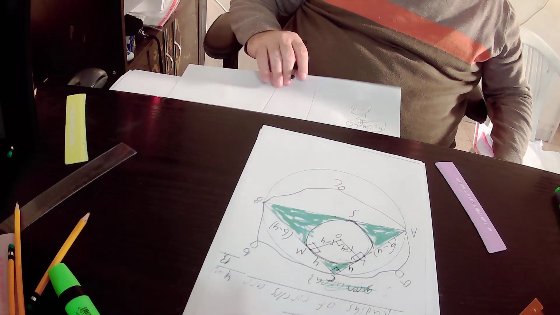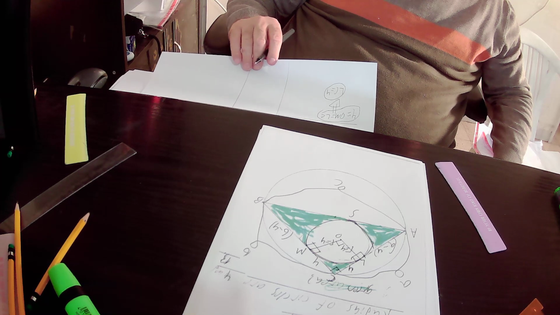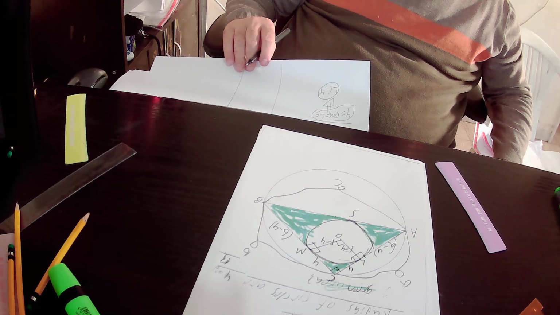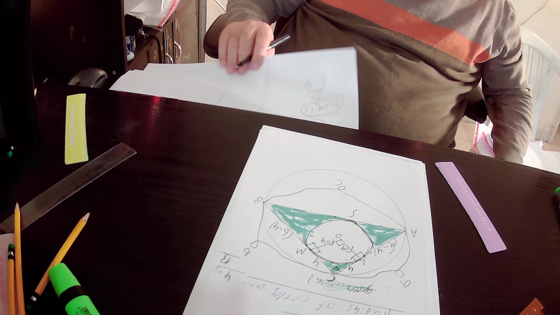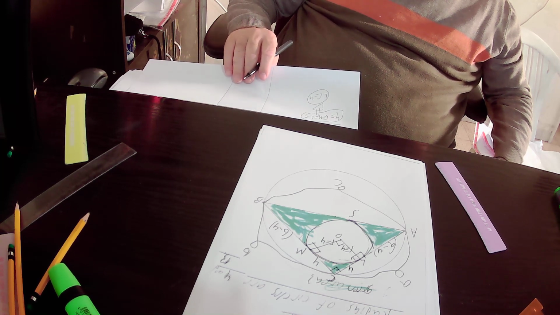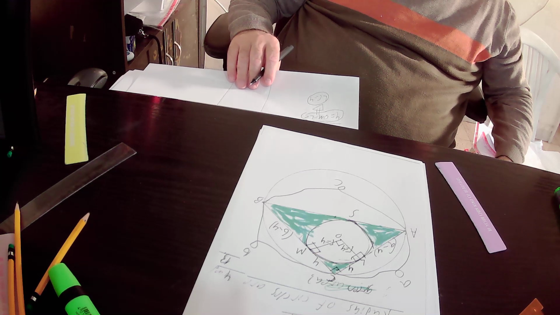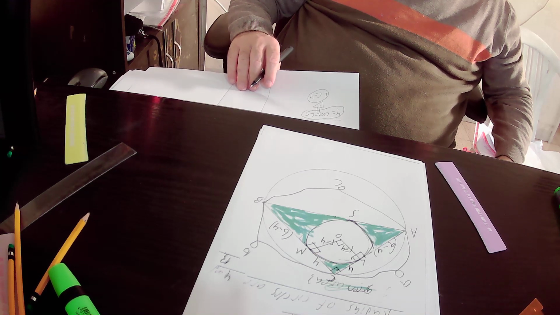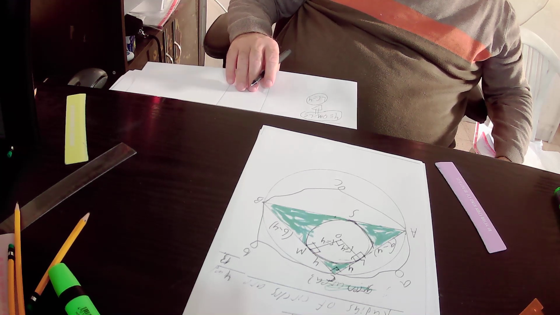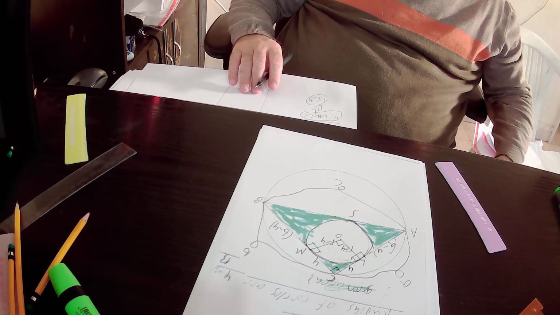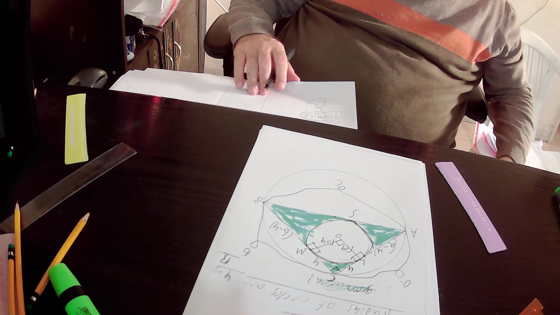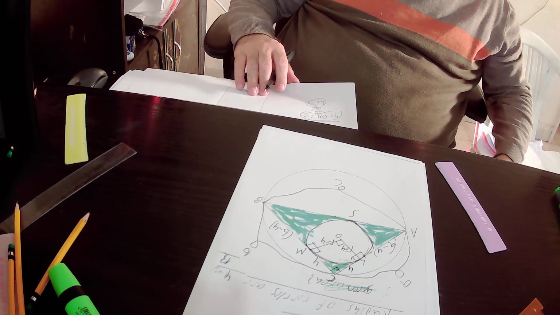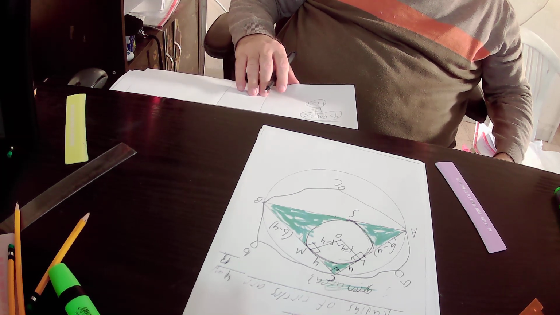In the next step, I will present to you rule number 2 that I mentioned in the past. According to rule number 2, the lengths of two tangents from a common external point to a circle are equal. I repeat again, the lengths of two tangents from a common external point to a circle are equal.